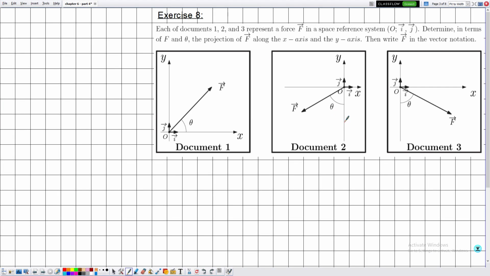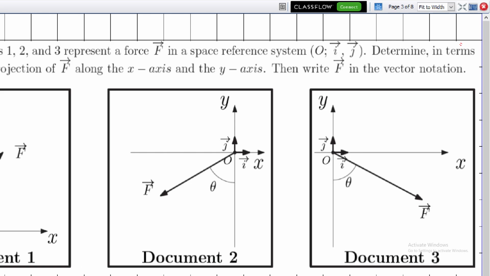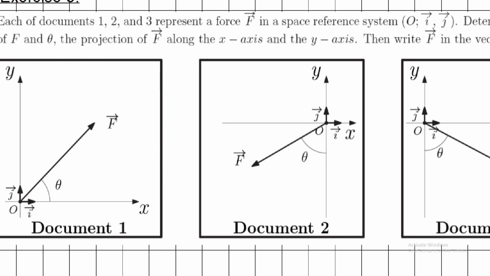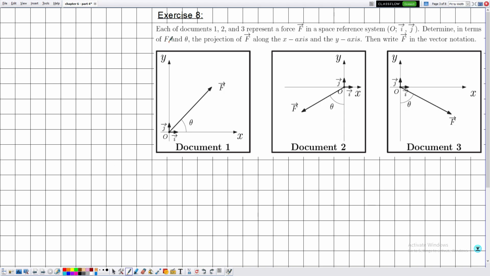Now in exercise number 8, they are telling me each of documents 1, 2, and 3 represent a force F in a space reference system Oxy. Determine in terms of F and theta the projection of F along the x-axis and the y-axis, then write F in the vector notation. So because they are telling me determine in terms of F and theta, the final answer must be just function of F and theta, okay?